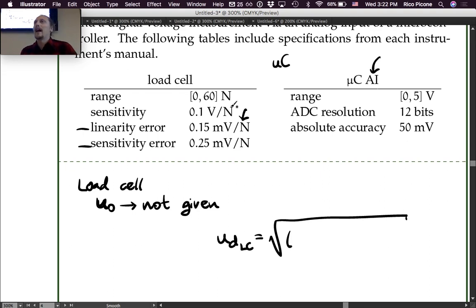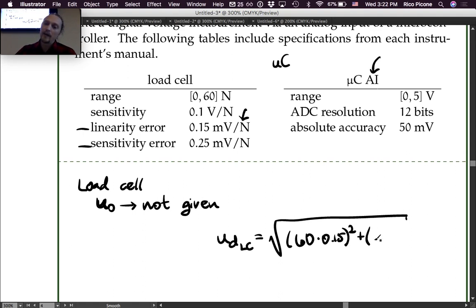Since it wasn't given, we didn't have an operating point for a specific force that we wanted to worry about. We're going to use the highest, so 60 newtons. So we'll do the linearity error first: 60 times 0.15. That is the uncertainty in millivolts. It's important to recognize the units here, in millivolts, of the linearity of this instrument.